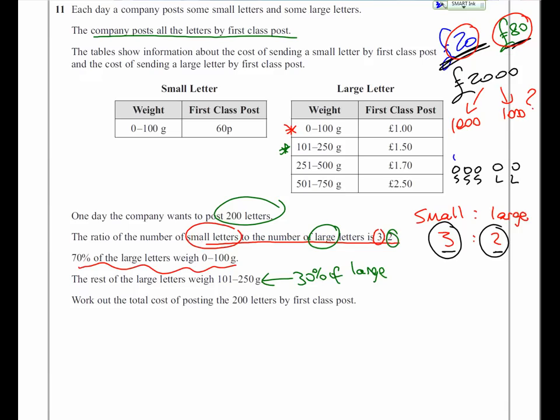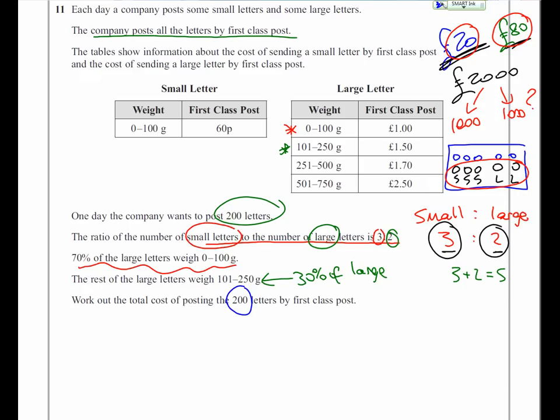And if we had 10 letters, it would be like that. So when we're sharing the letters, we need to think about groups of 5. How did I get 5? 3 add 2. So groups of 5, or 5 letters at a time. And we want to know how many groups of 5 go into our 200.